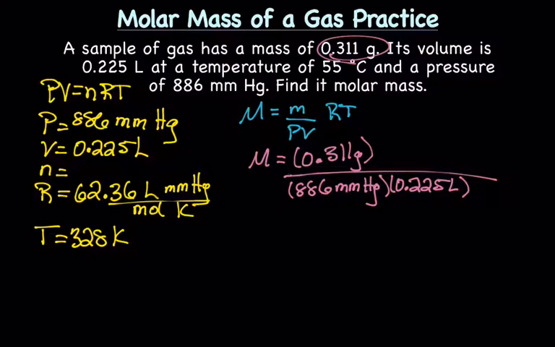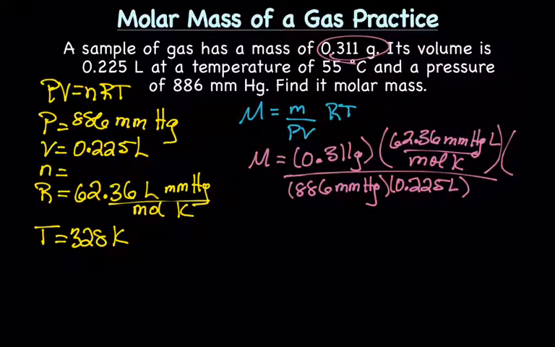Then we have times R, which is 62.36 millimeters of mercury liters per mole K, times temperature, which is, I didn't leave much room, 328 K. All right, can we cross anything out here? Make this a little neater. We've got K, and that looks like about it at the moment.